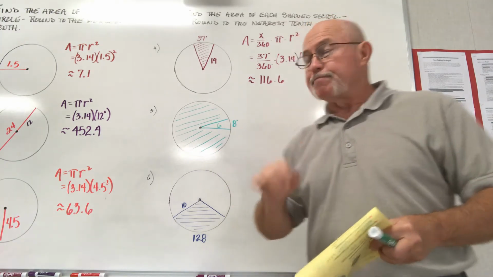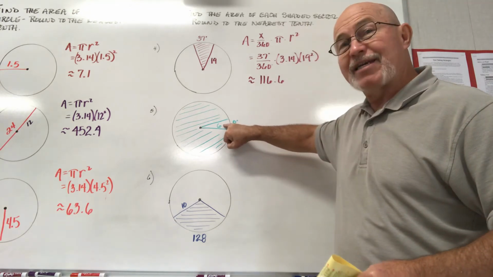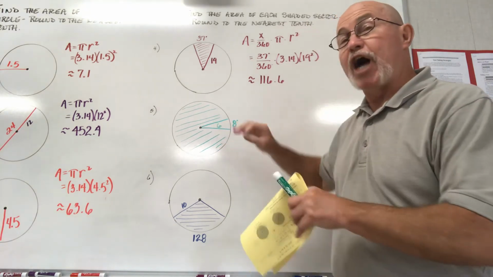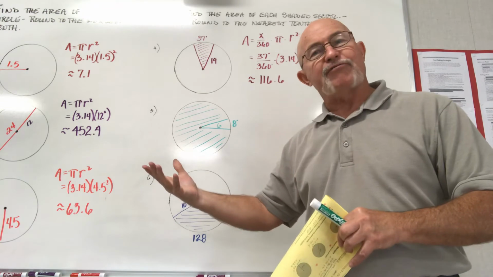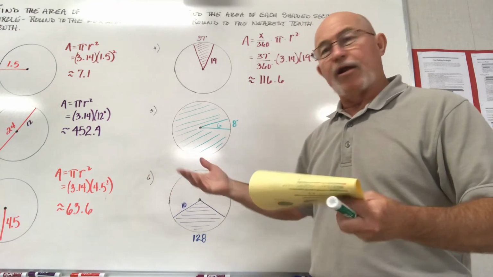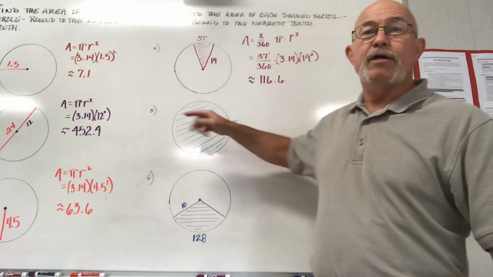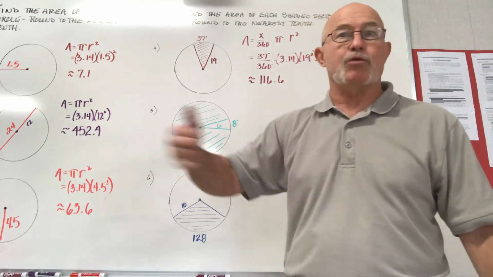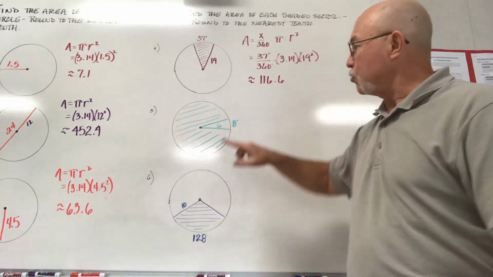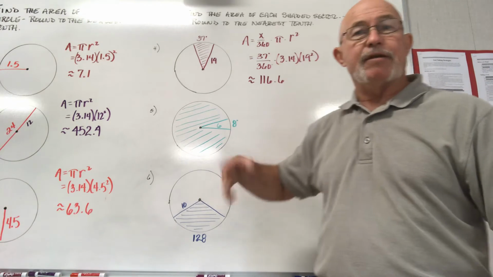Your other option is to find the area of the unshaded part and subtract it from the area of the circle. Area of the circle, 6 squared times pi, or 36 times 3.14, and then you subtract 8 over 360 of it.